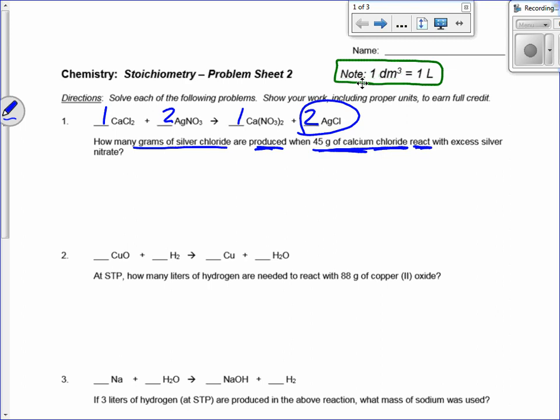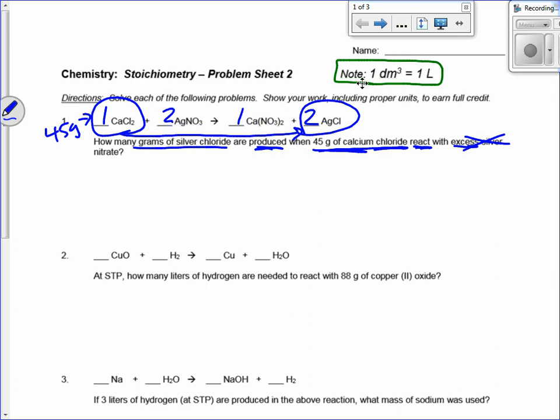So silver chloride is the one that I want. We're starting with calcium chloride, so 45 grams of that stuff, and we want to convert it over to our silver chloride. Now they add on this little extra part to confuse you, but do realize it says with excess silver nitrate. Excess means there's just lots of extra of it, and it's not something you need to worry about. So that excess part is just extra added information that you don't really have to do anything with.